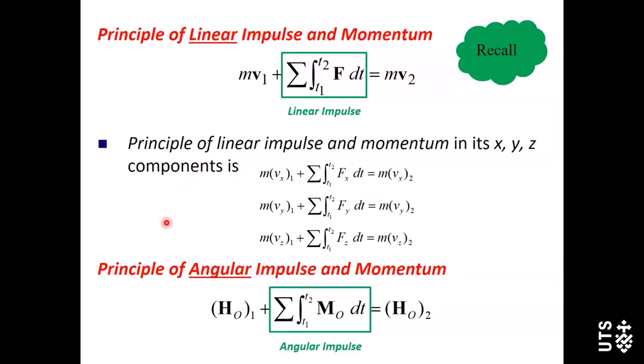Similar to this, the principle of angular impulse and momentum of a particle tells us in a time period from t1 to t2, a particle's initial angular momentum plus the angular impulse on this particle is equal to the particle's final angular momentum.